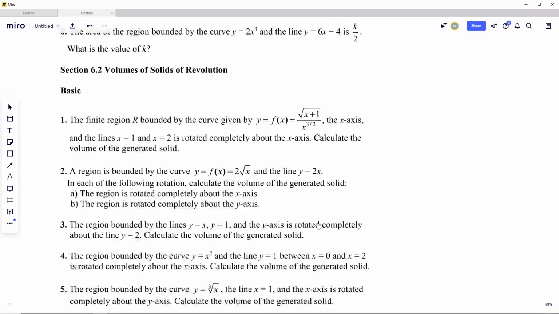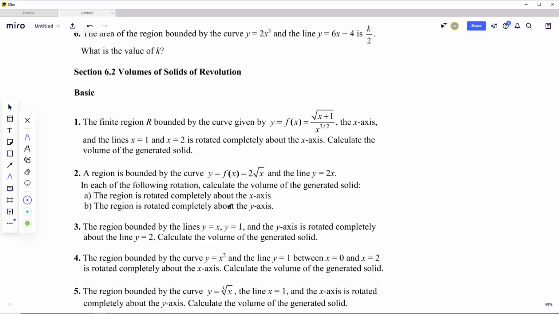So let's do b, which uses the y-axis instead. About the y-axis, it looks like this, and then about the y-axis instead, it's going to be like that. So we're going to revolve like that.